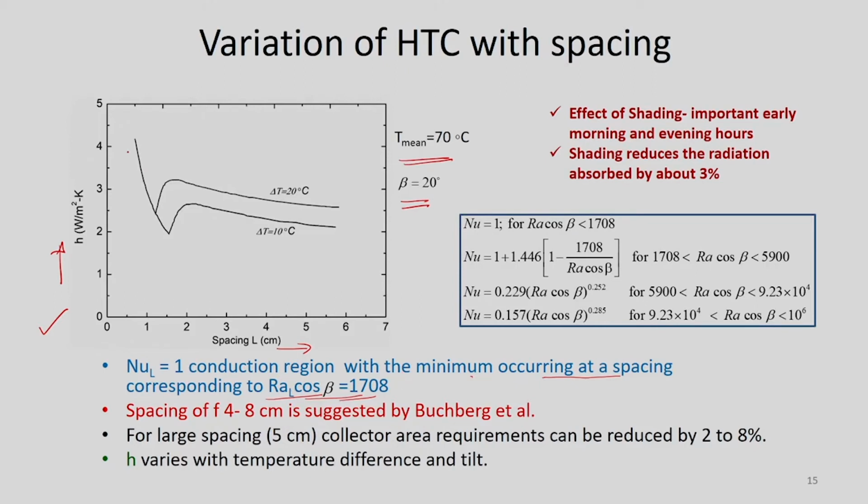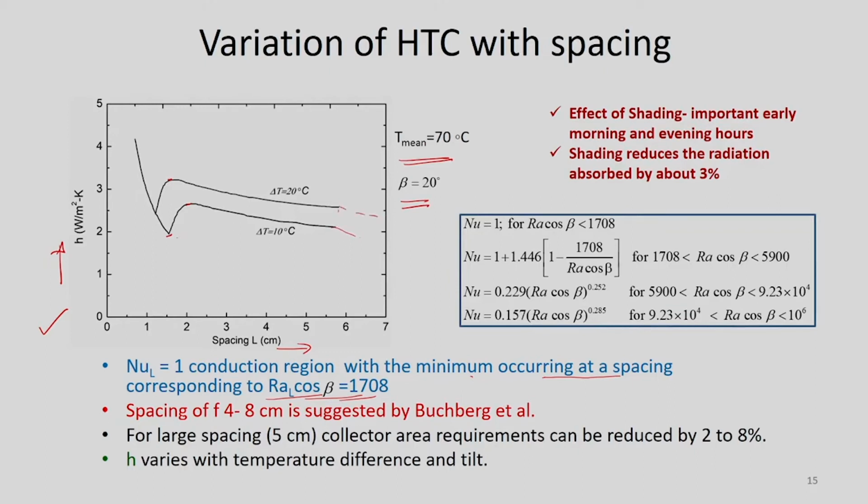So, what happens as this spacing increases, initially it drops to a minimum and then further increase of spacing immediately jumps to the maximum heat transfer coefficient. Okay? Then it decreases, and with increase in spacing, finally it may come again to below this minimum. Okay? So, that may come something like this.